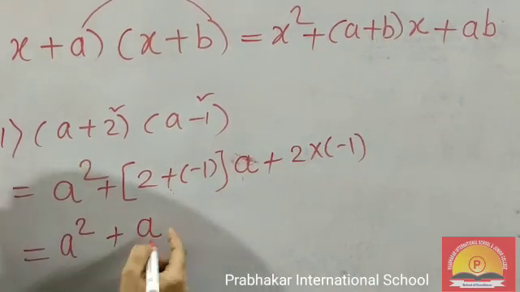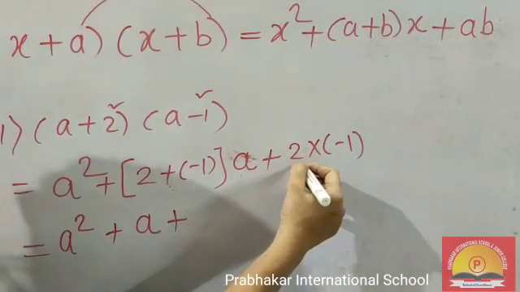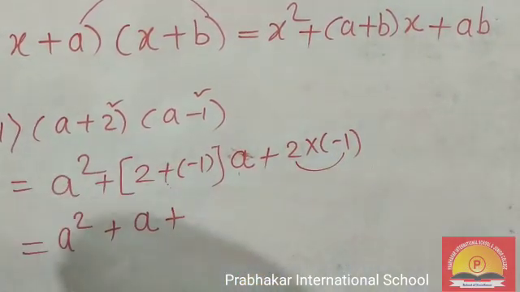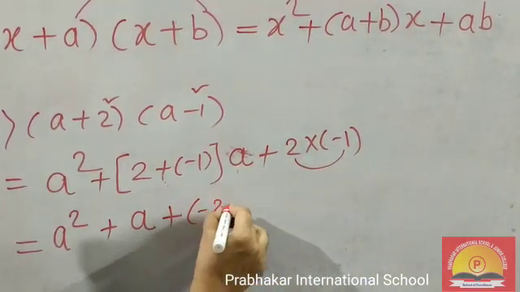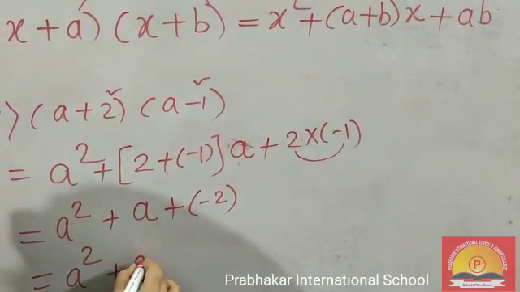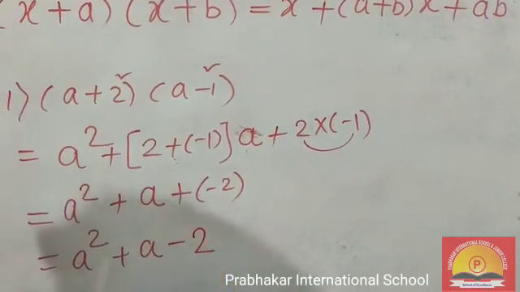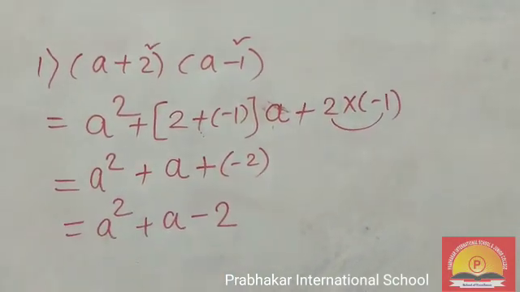Ones are a, plus 2 into minus 1, their multiplication is coming minus 2, so write here minus 2. Last step, a square plus a and plus minus, minus 2. So this is our answer.